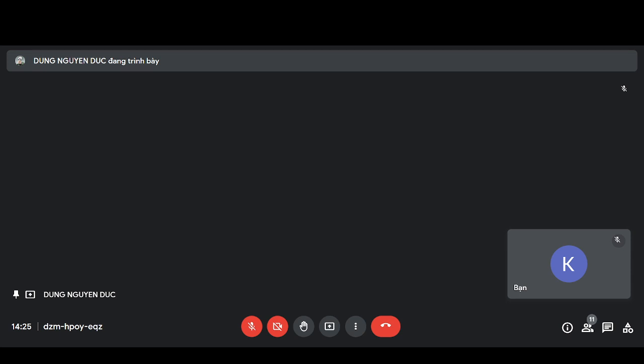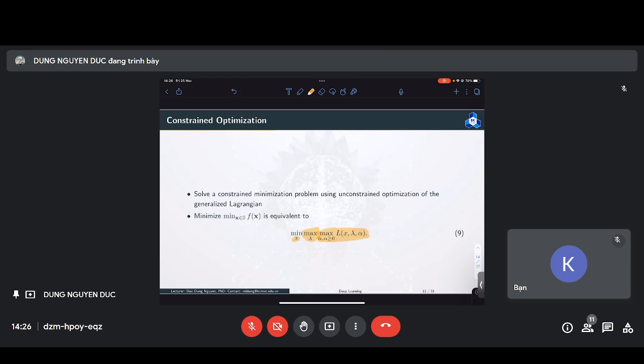That's important. If you are going to minimize f(x), then you are going to minimize the maximum of L over alpha and lambda. That's what we learn in optimization theory. It's very classic, but I hope that we still remember it.